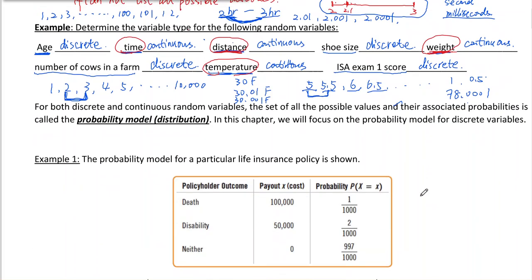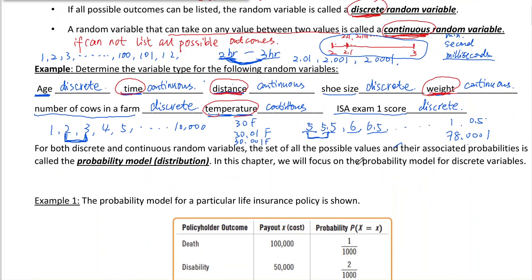All right, for this chapter, we'll just focus on the probability model for the discrete variable, the variables for which you can list all possible outcomes. Since you can list all possible values, the set of all possible values and their associated probabilities is called the probability model or probability distribution. This is your second time to see this word, distribution. Still remember where we saw it?